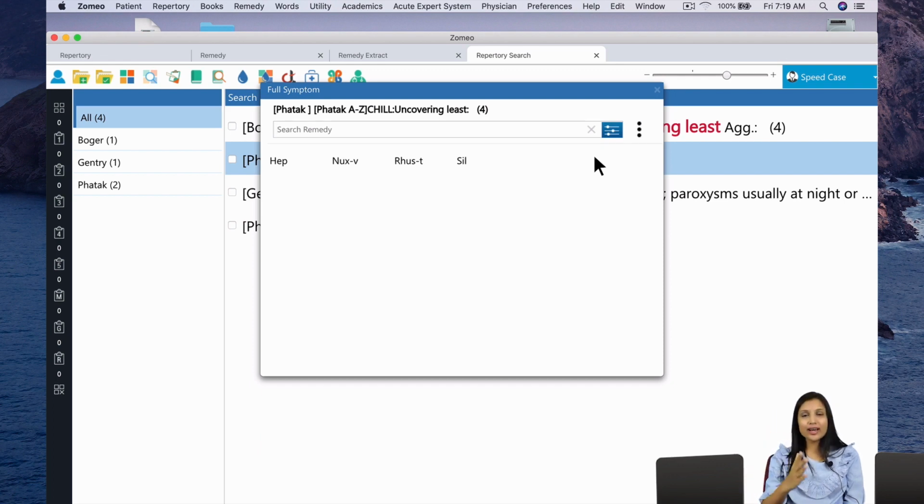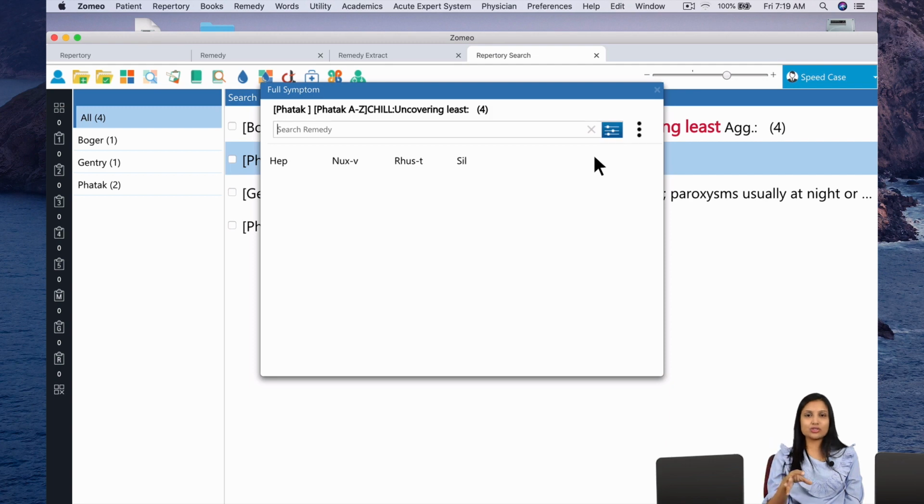They are so aggravated by the slightest draft of air that even if anybody walks by and they feel that minimal draft of air, they will feel aggravated. That is the level of chilliness in Hepar. Even if one small part of their body, even a finger, gets uncovered, they feel cold. This is how Hepar is.